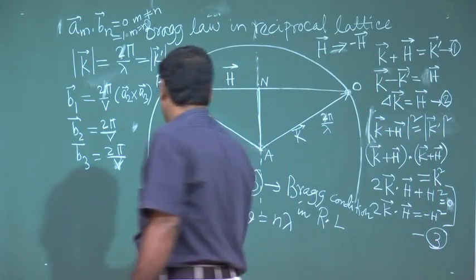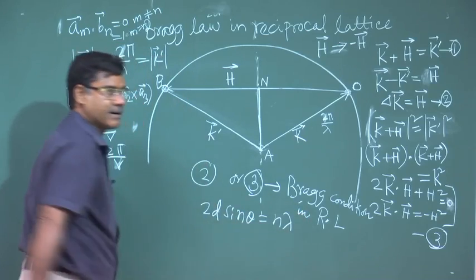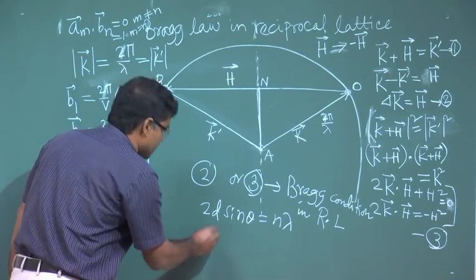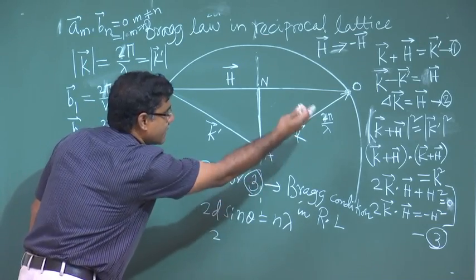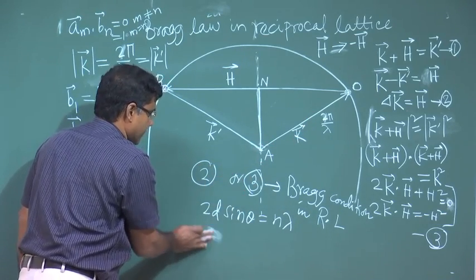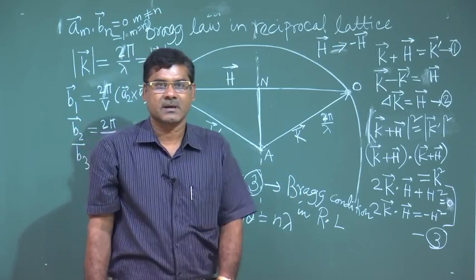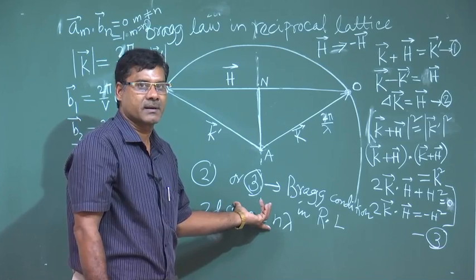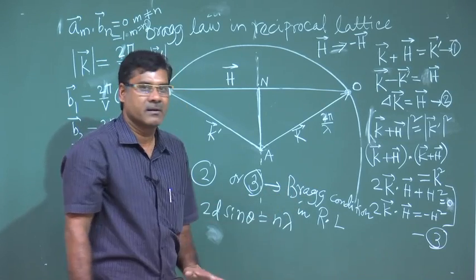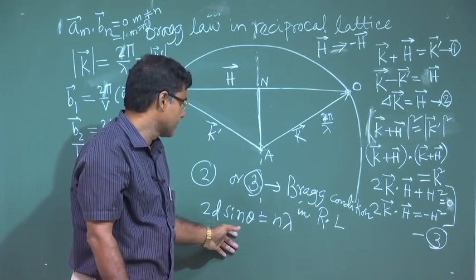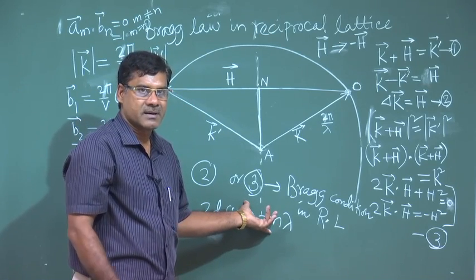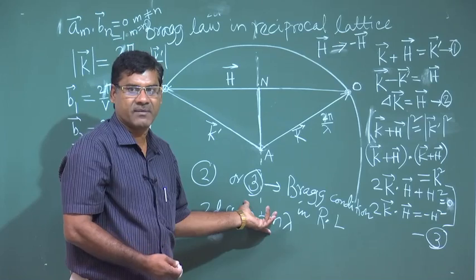Also, that is for direct lattice. Also, for reciprocal lattice, one can use either 2 or 3 as the condition for diffraction. This is nothing but the condition for diffraction, right. We have given this Bragg diffraction, Bragg law, as the condition for diffraction, constructive diffraction.